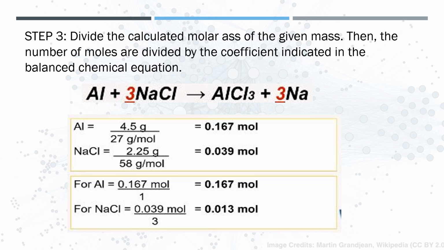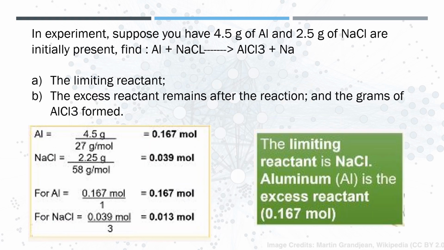So we have 0.039 moles divided by its coefficient in the balanced chemical equation, which is 3, equals 0.013 mole. Analyzing the results, we can say that the limiting reactant is the sodium chloride, since the calculated value is 0.013, lesser than aluminum.